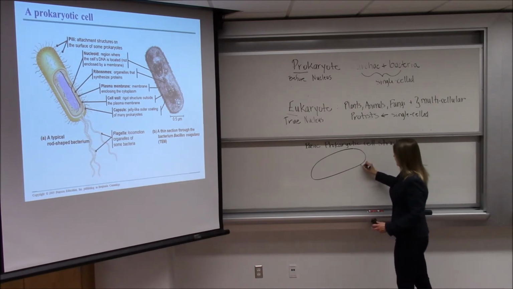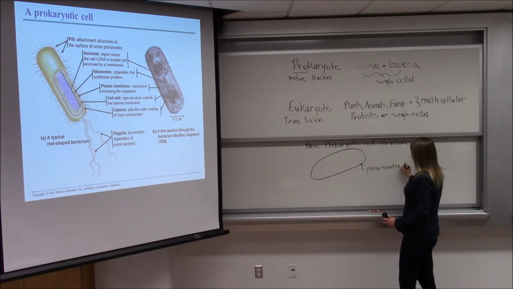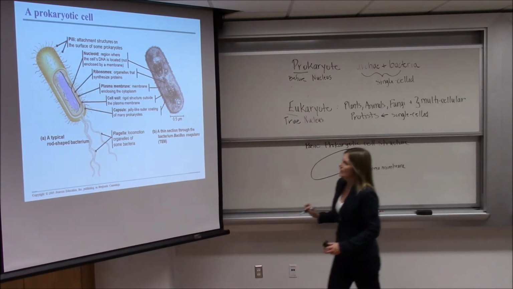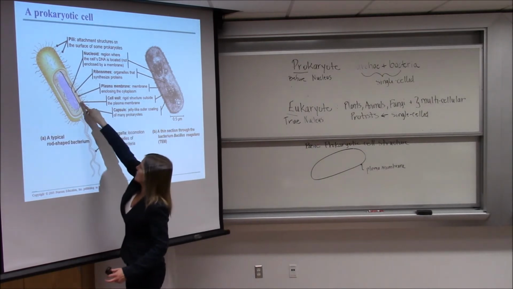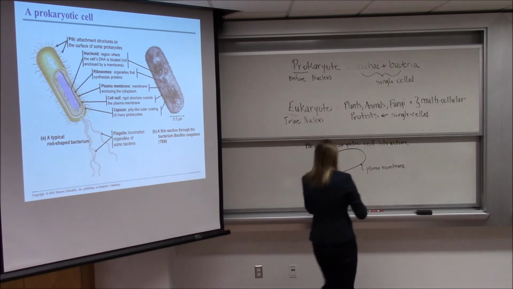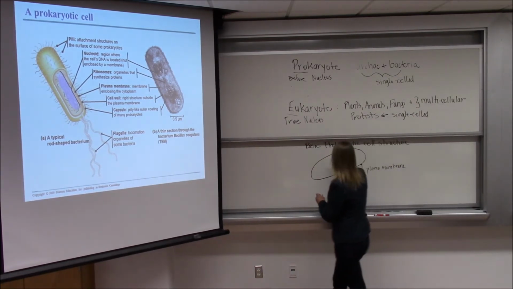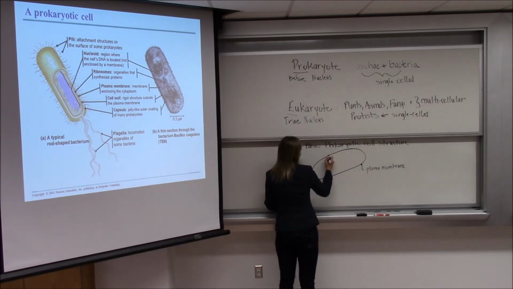There's going to be a plasma membrane surrounding the cell. And you can see that here, plasma membrane. Okay, and then outside that plasma membrane is a cell wall. You're going to see the plants have a cell wall too, but the plant cell wall is made of cellulose.